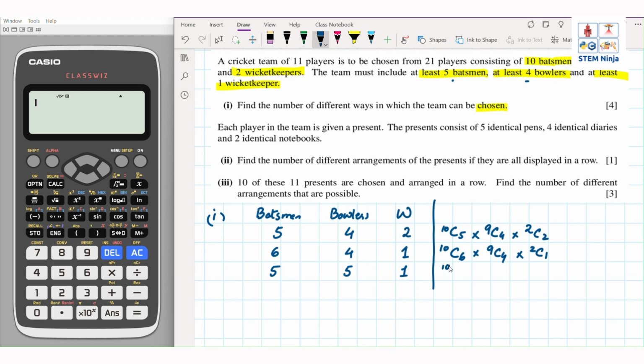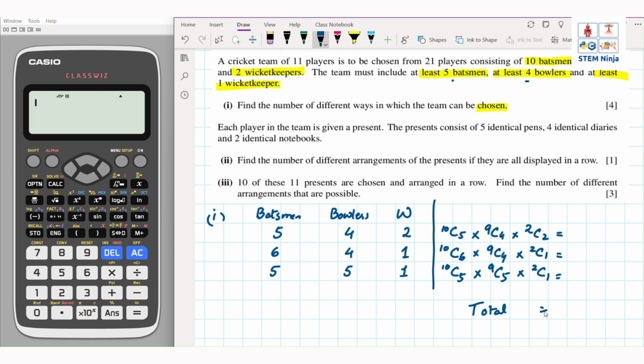Similarly, 10C5, 9C5, and 2C1. So these are the different combinations. We will take their individual numbers and add them, because these are the different possible combinations that we can have.